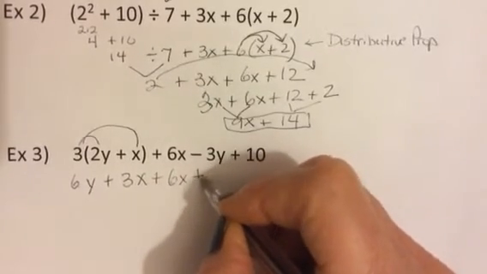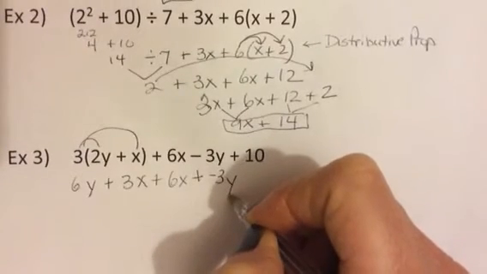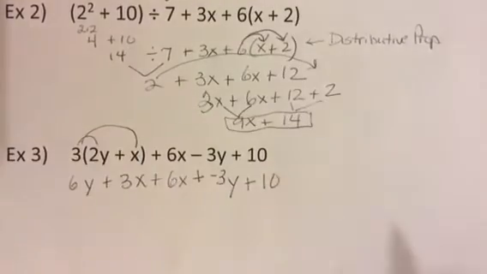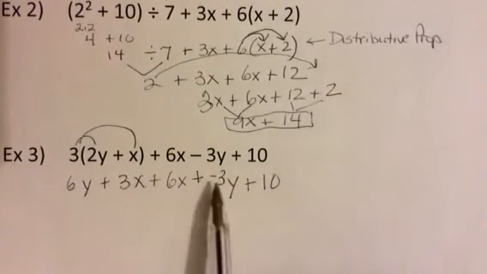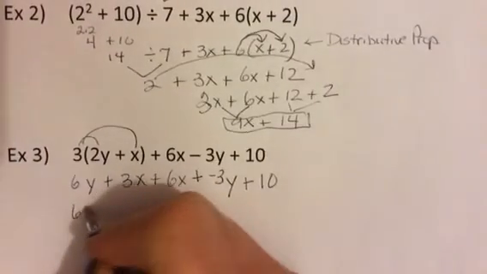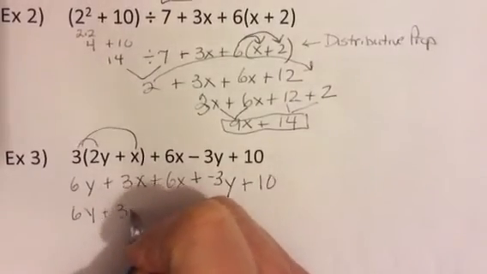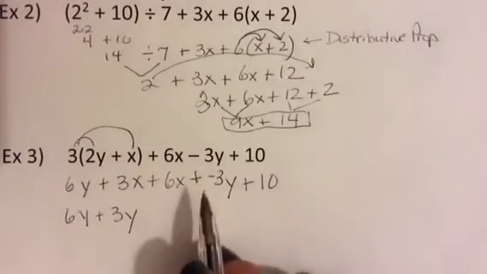I'm going to go ahead and make that plus negative 3y because we want to make everything addition so we can move like terms together, and the only way we can move is if it's all addition. So now the commutative property says I can move the 3y with a 6y, so 6y plus 3y. The 3x and the 6x are together.